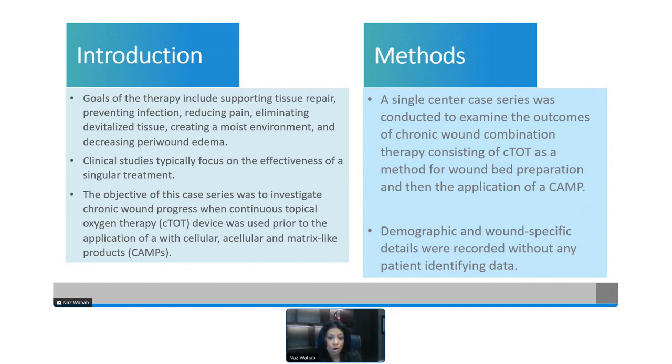Traditionally we use just one application of one therapy, but this was a combination of two therapies, not at the same time. We used topical oxygen for wound bed preparation prior to the application of a CAMP.